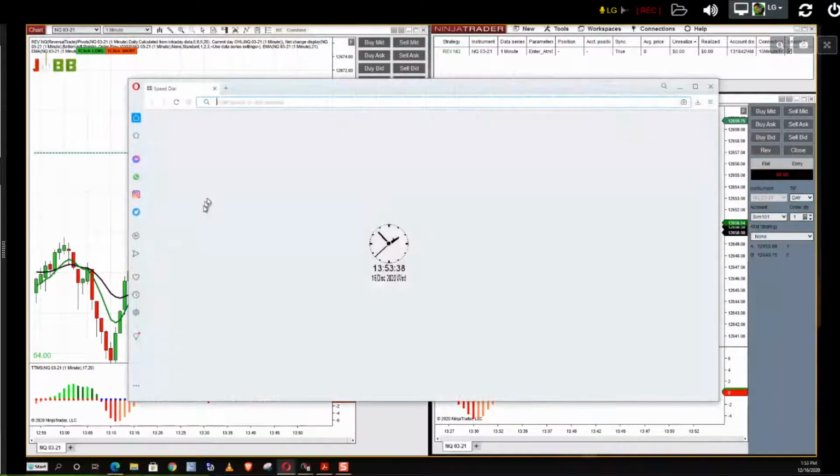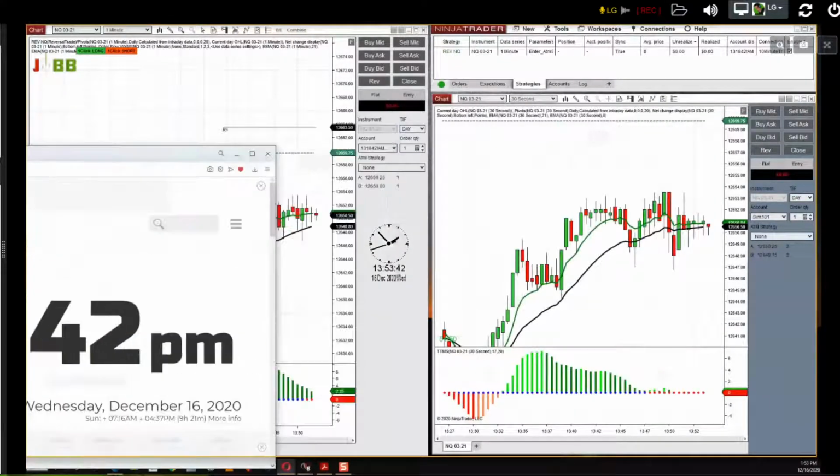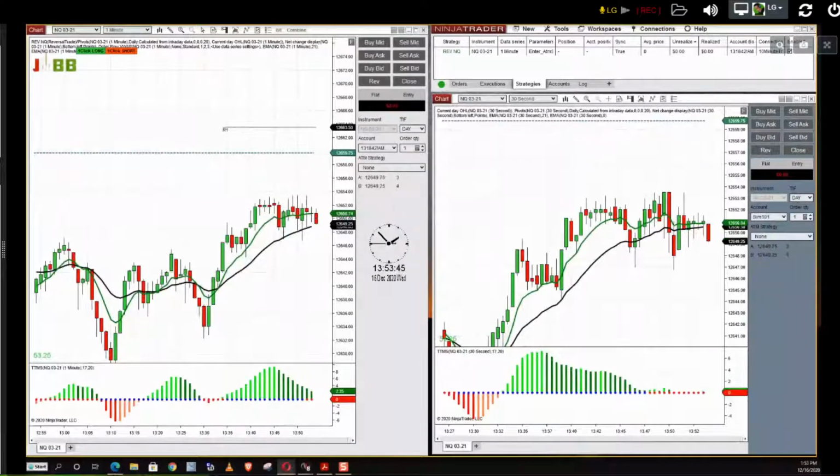I'm going to time.is to check my time. My computer's in sync. We all know that on reversals, time is not quite as critical.